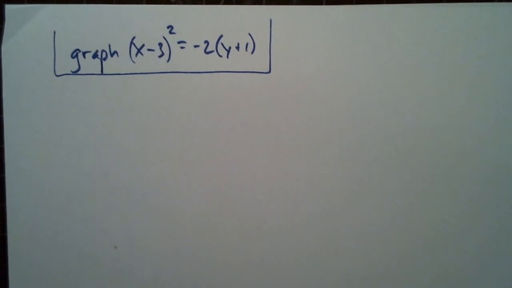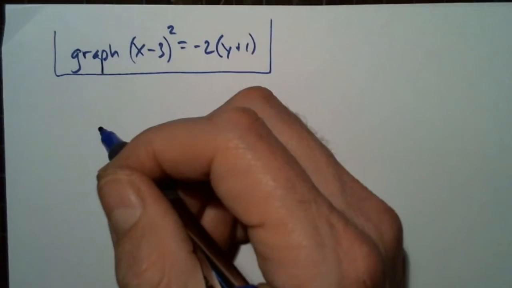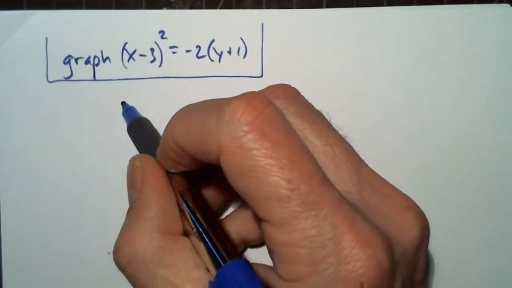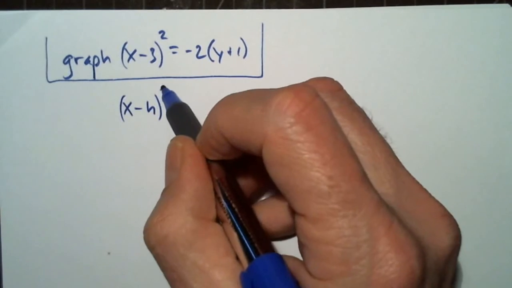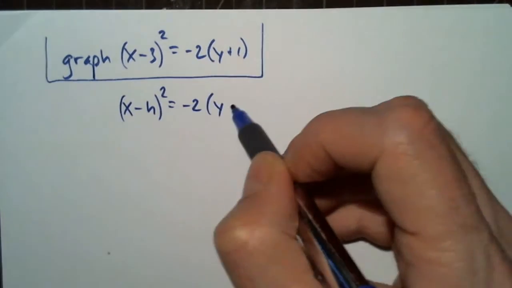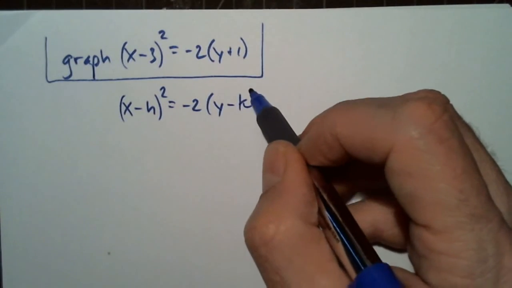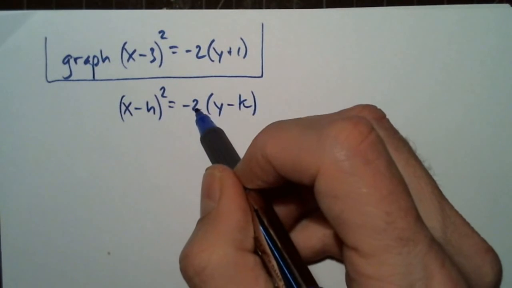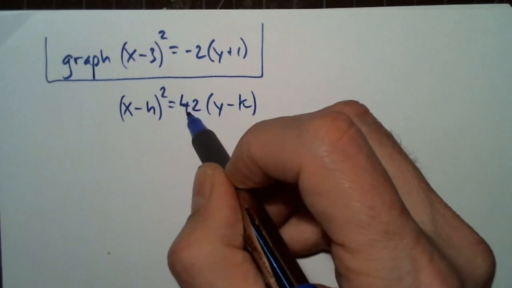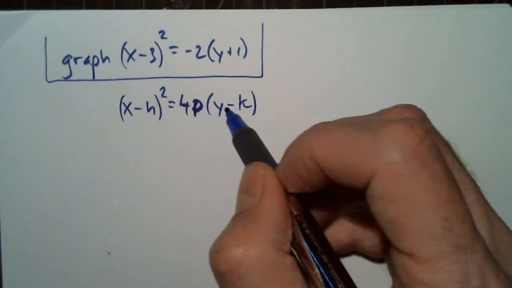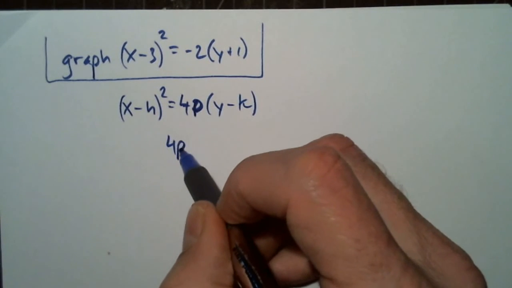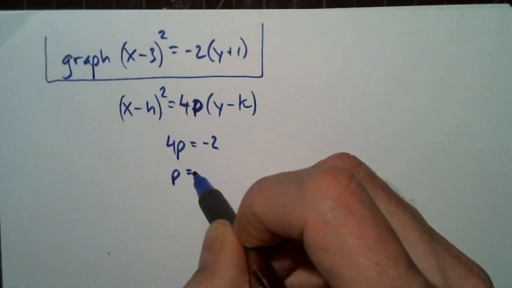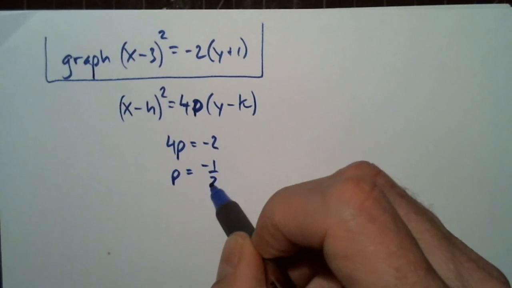Alright, pause the video, try that one. Oops, that should be a 4p. So we know that 4p is negative 2 and p is negative 1/2.